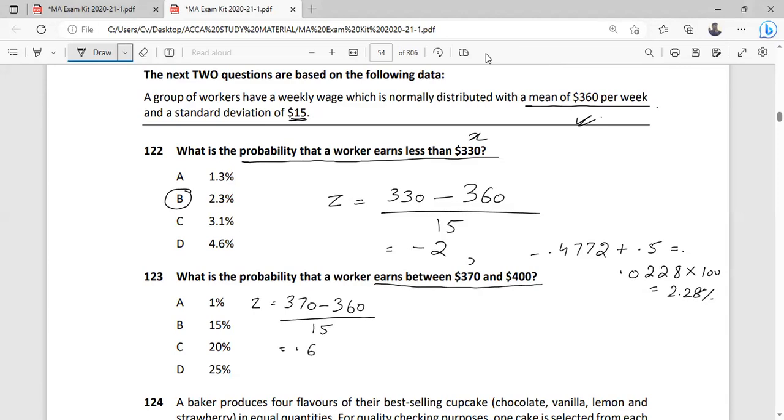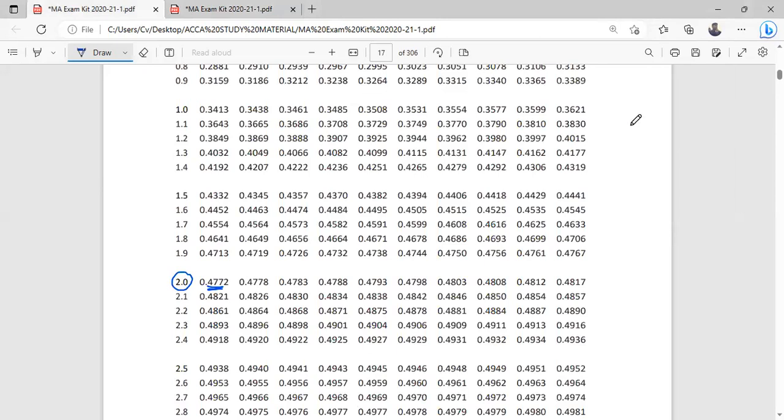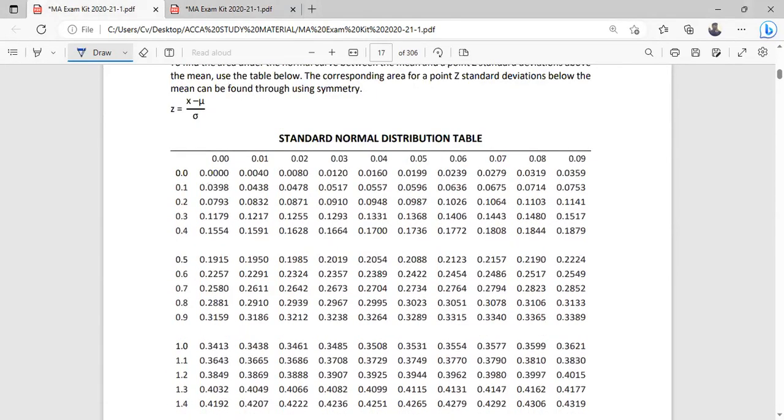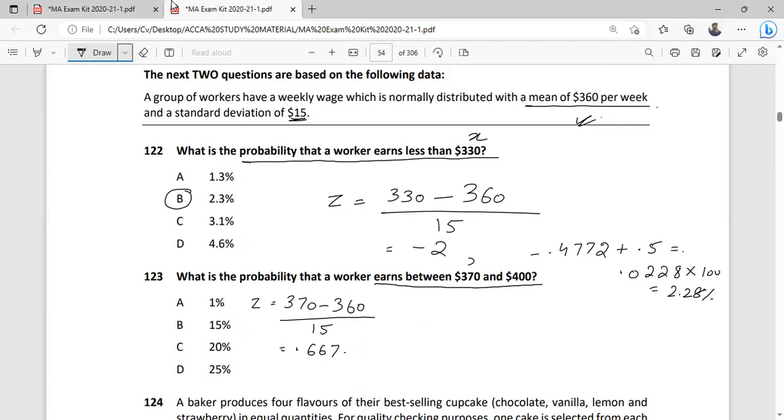Answer will be 0.667. Now we will go to the distribution table. We will find 0.6, so we can round off 0.667 to 0.67. It has a parallel value of 0.2486.